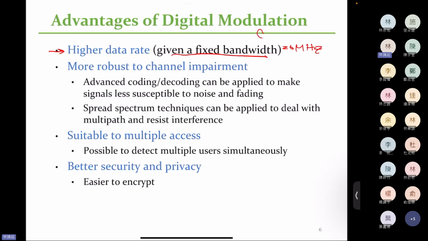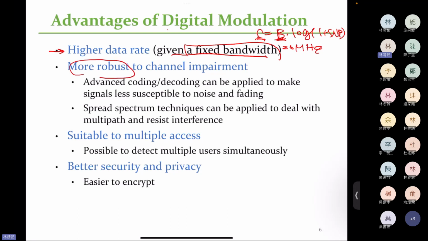The Shannon capacity is a function of the bandwidth multiplied by log of 1 plus SNR, which means that the larger the bandwidth you use, of course, the higher the capacity you can achieve. But if you have a fixed bandwidth and you use digital modulation, it can give you a higher data rate. And the second advantage is that it's much more robust.